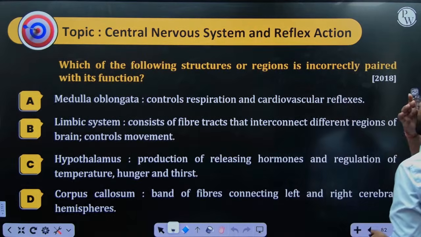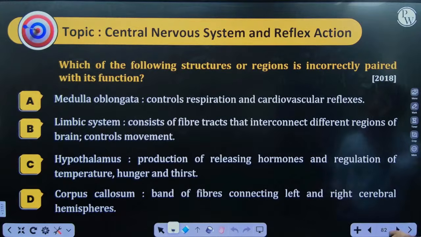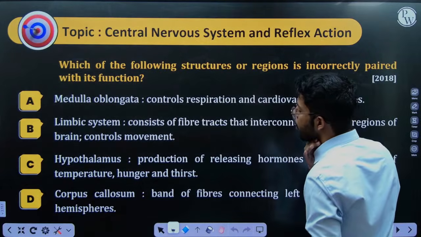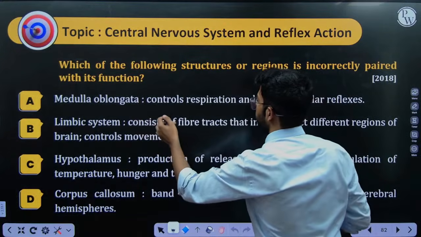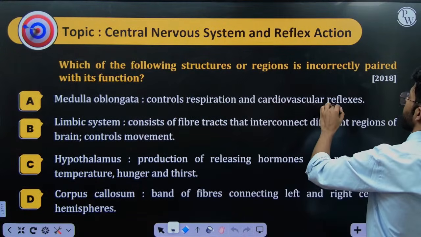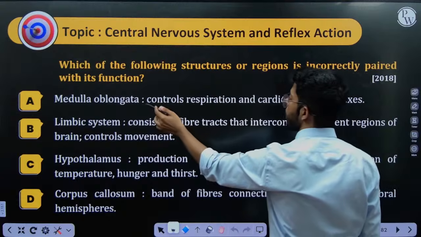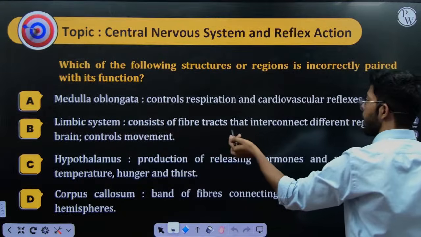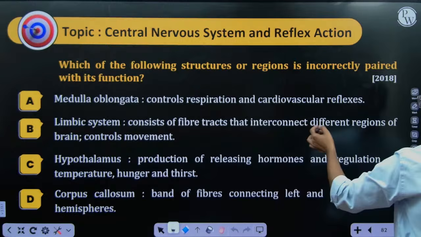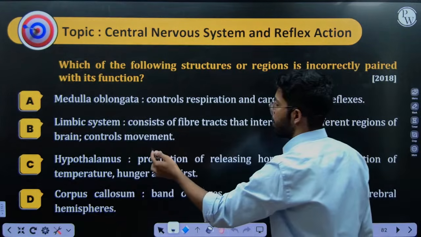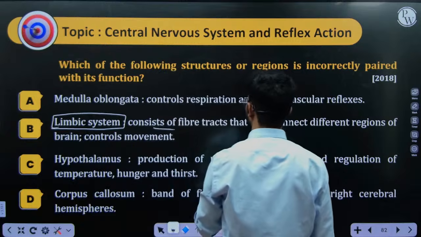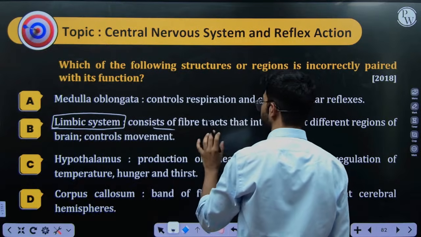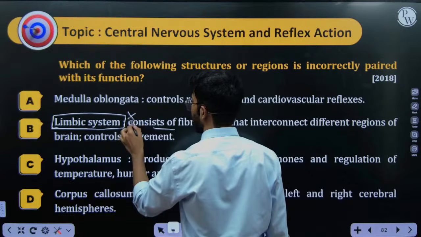Which of the following structures or regions is incorrectly paired with its function? Medulla oblongata controls respiration and cardiovascular reflexes. Limbic system consists of fiber tracts that interconnect different regions of the brain. No, the limbic system does not connect the different regions of the brain.